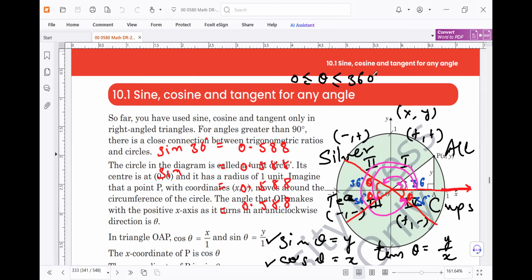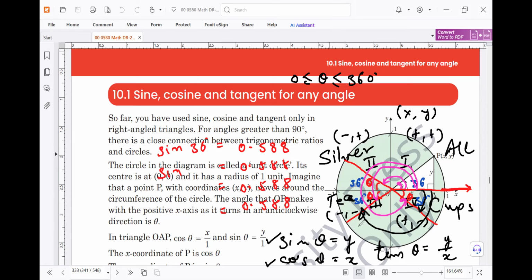Instead of going all the way, I can also travel like this, which is much easier than going 180 degrees plus. But this will be a negative angle. Anti-clockwise is positive, and when you go clockwise, it is a negative angle, correct?